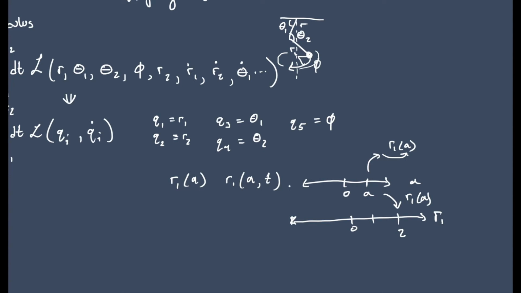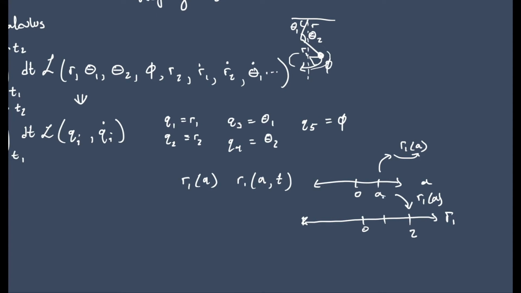So we want to pick just some ordinary line of the real numbers, and R1 is going to take in this value of a and spit out a value for R1. So this is almost like the basis of the basis. This is the real numbers, and R1 is a function of the real numbers because R1 has some value to it.